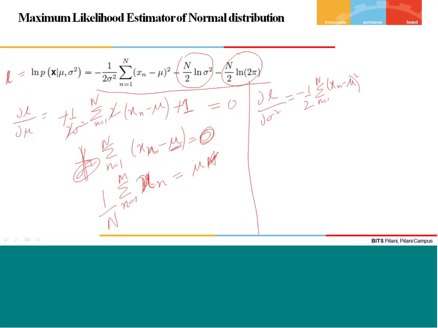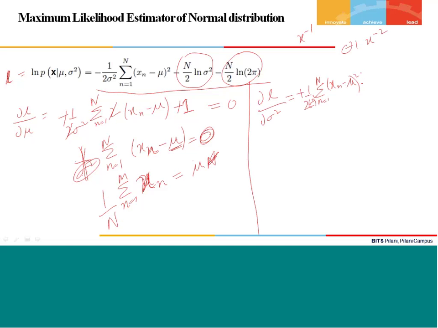Because the derivative of x to the power minus 1 is minus 1 times x to the power minus 2, this sigma square will give minus sigma square, and because of this minus it will multiply and become plus.